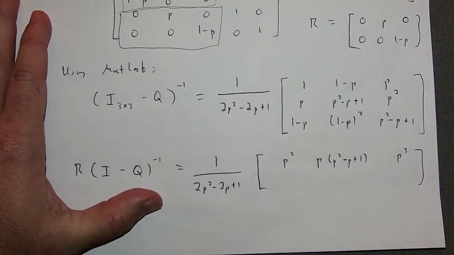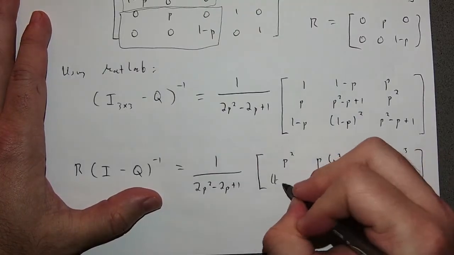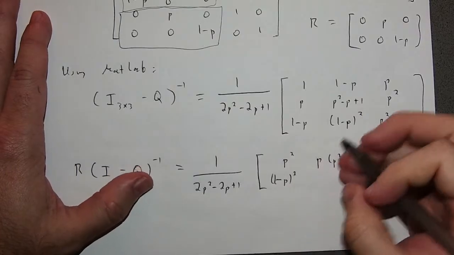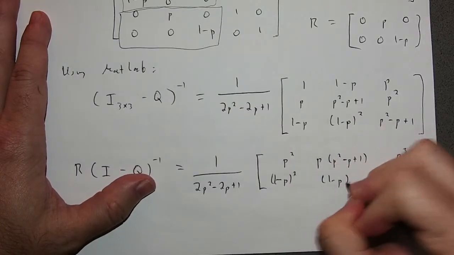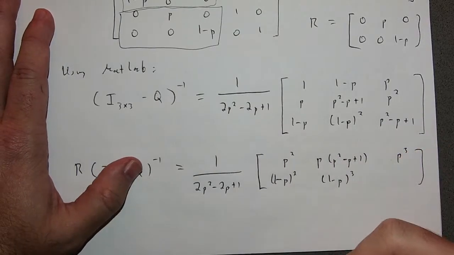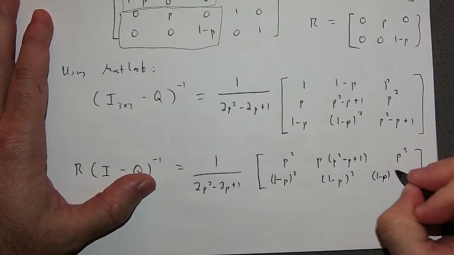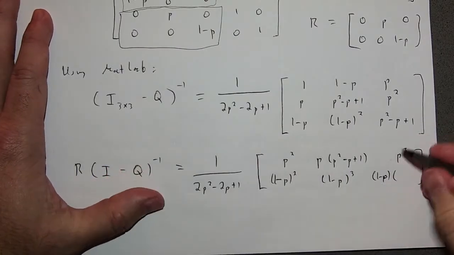Second row: 1 minus p all squared, then 1 minus p cubed, and the last one, 1 minus p times p squared minus p plus 1.